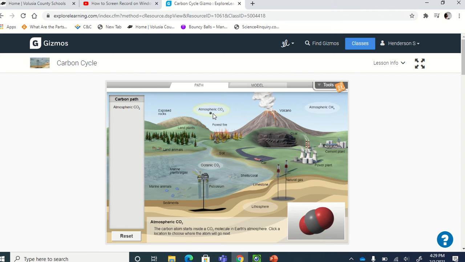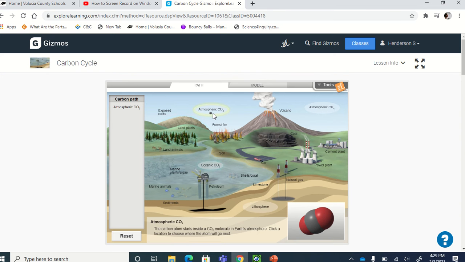Now, this is where we're going to start working together as a little bit of a group. It says Gizmo warm-up. The carbon cycle gizmo allows you to follow the many paths an atom of carbon can take through the Earth's system.